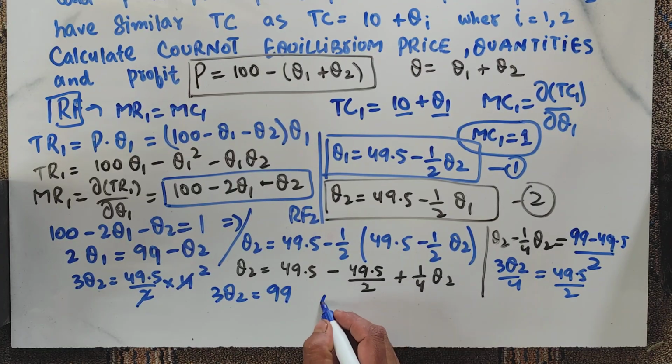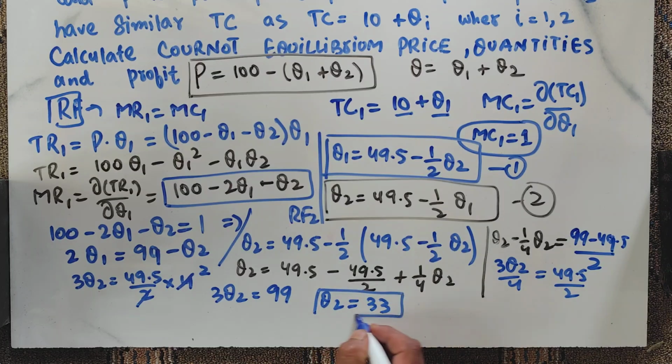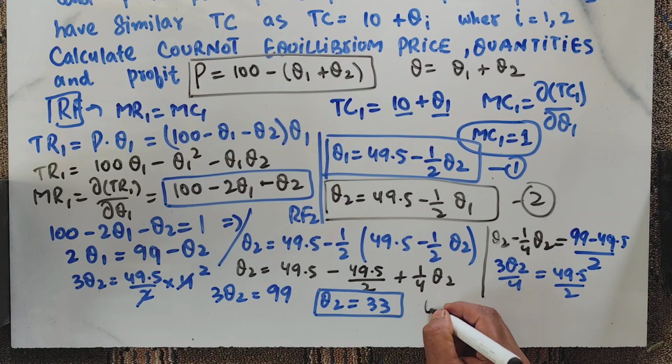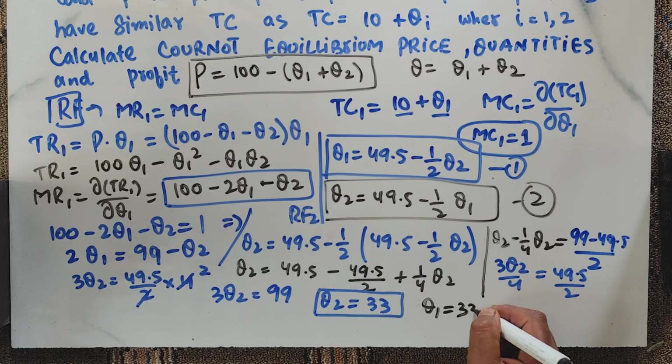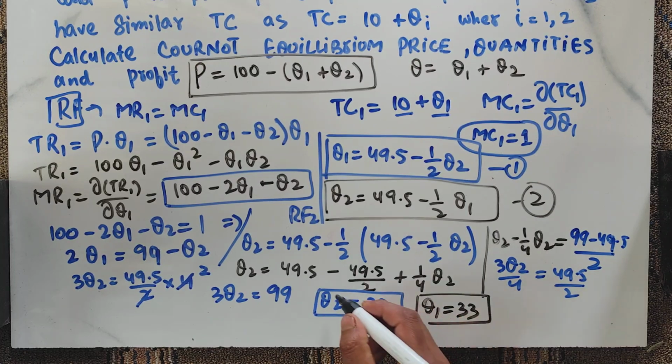Dividing both sides by 3, Q2 will be equal to 33. If I plug Q2 equal to 33 into the first reaction function, I will get Q1 also equal to 33. These are the optimal quantities of the two firms in the duopoly.